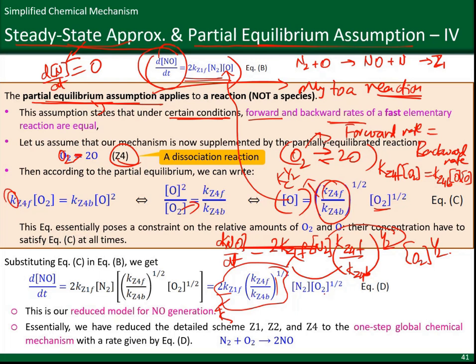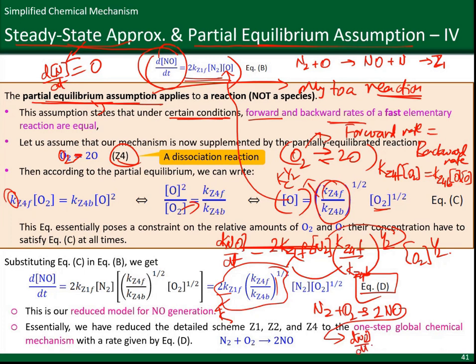So this expression, equation D, is our reduced model for NO production. If you think about the reduced equation, N2 plus O2 giving 2NO, we have been able to use the actual two steps and, by applying simplifying assumptions, come up with a one-step global mechanism to represent the NO formation.